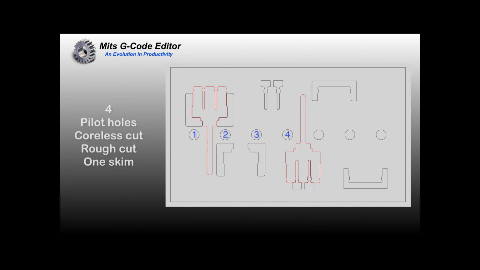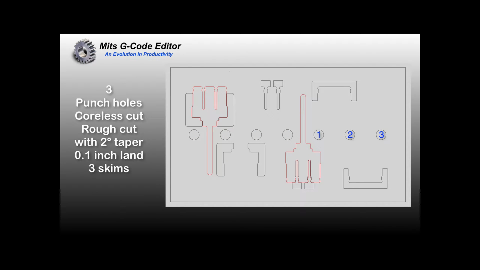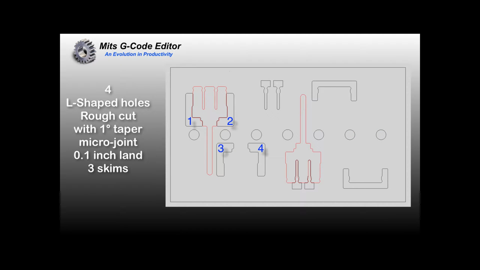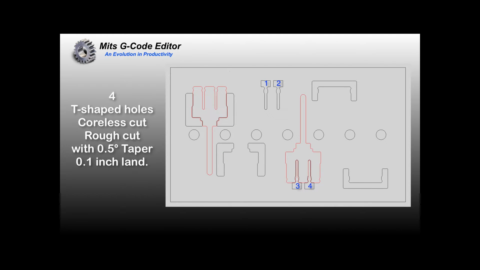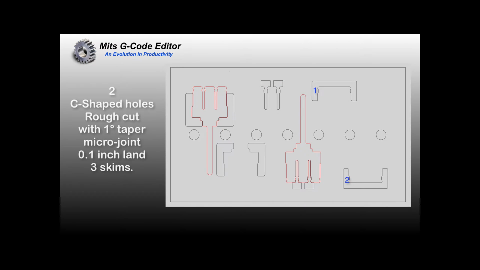This will include 4 pilot holes with a coreless cut, a rough cut, and 1 skim. 3 punch holes with a coreless cut, a rough cut with a 2-degree taper, and a 0.1-inch land with 3 skims. 4 L-shaped holes with a rough cut and a 1-degree taper, including a micro joint and a 0.1-inch land with 3 skims. 4 T-shaped holes with a coreless cut, a rough cut with a 0.5-degree taper, and a 0.1-inch land. 2 C-shaped holes, rough cut with a 1-degree taper, a micro joint, and a 0.1-inch land with 3 skims.